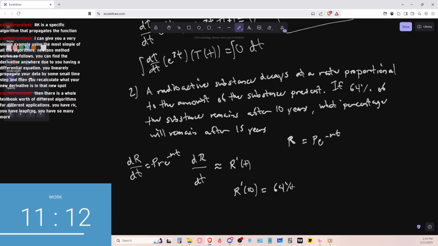Yeah, because we don't have the primary principle. Well, you're given 100% of the substance, and only 64% remains. So we know that t is 10 years, and 15 years.